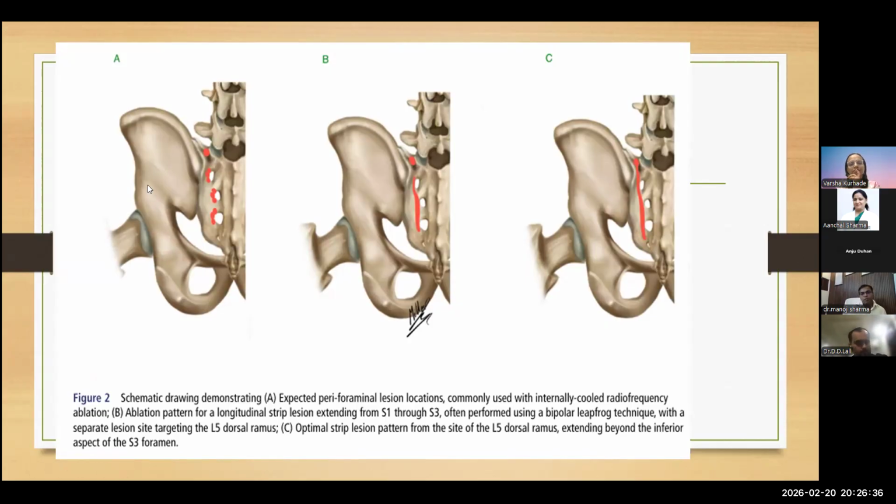For the technique, if we are doing left-sided RFA for S1, S2, S3, we should use the 3 o'clock, 11 o'clock, 9 o'clock, or 7 o'clock positions, and L5 dorsal rami RFA. There is one other technique, the leapfrog technique, where we can use a palisade technique. One suggestion is that from L5 to S3 we can do it, or only L5 and then S1, S2, S3 in a bipolar leapfrog technique.